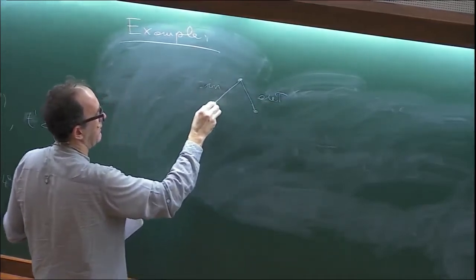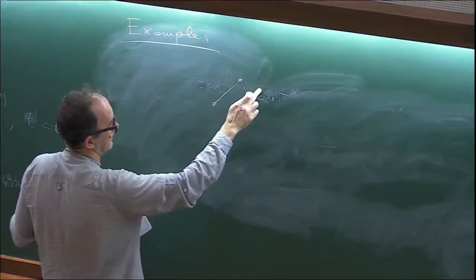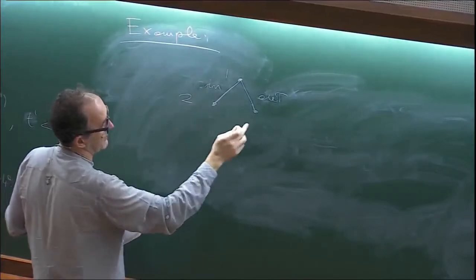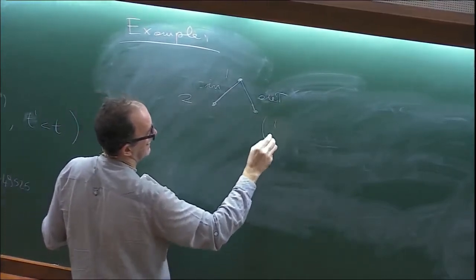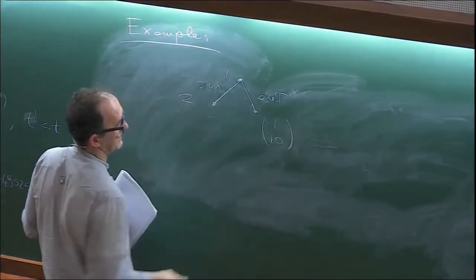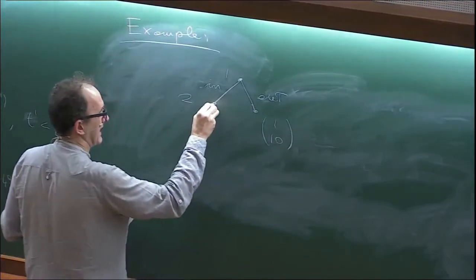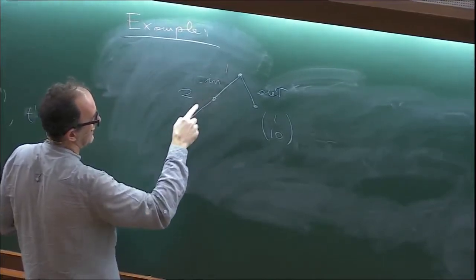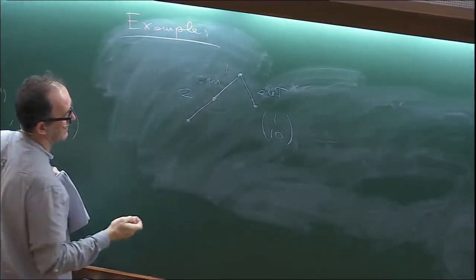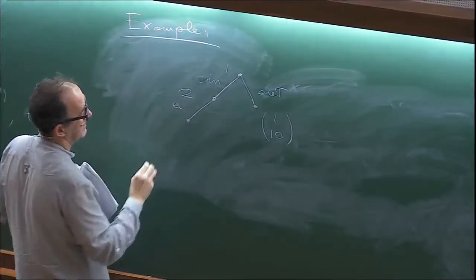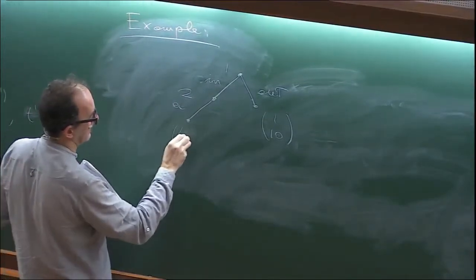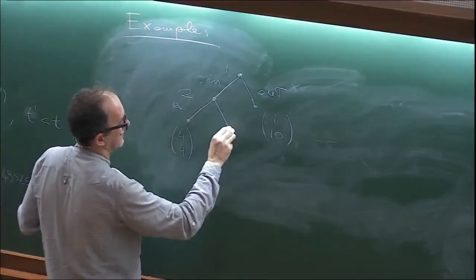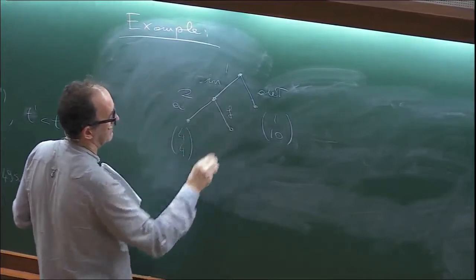If it decides to stay out, it gets a payoff of 1 and the other gets a payoff of 10. If it decides to enter this market, then the second firm can just accept this and not fight, and they will share the market. But otherwise, she can decide to fight.